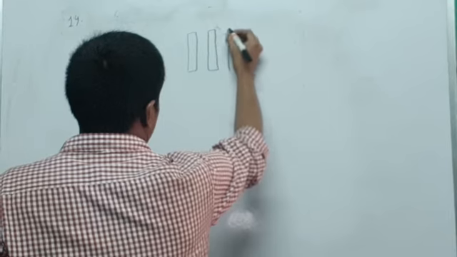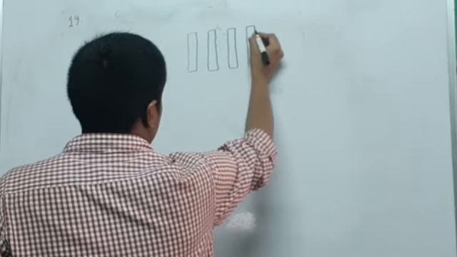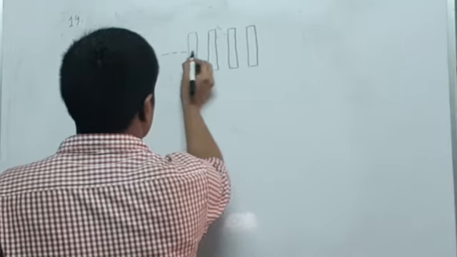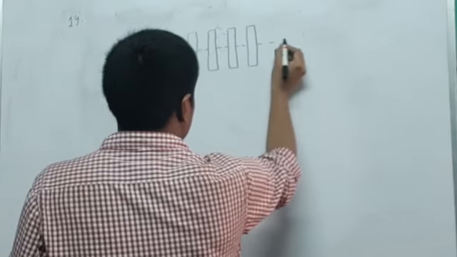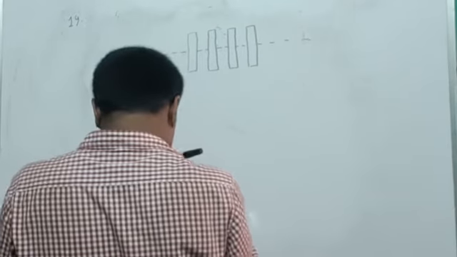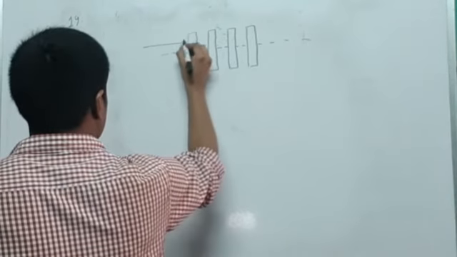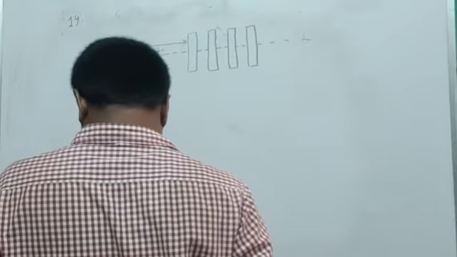There are 4 linear polarizers, and a beam of unpolarized light, I naught, is falling over it.